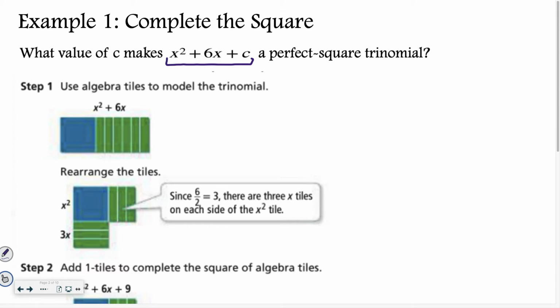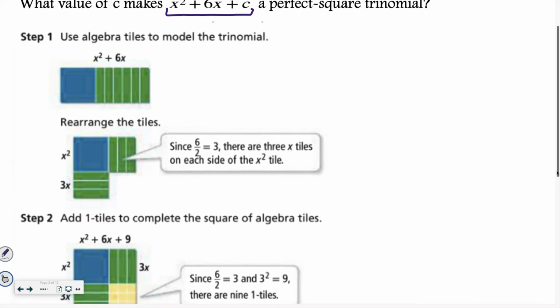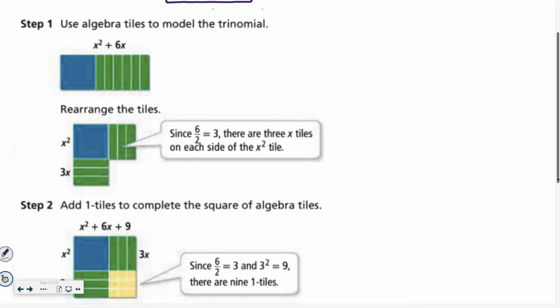Alright, so I have some screenshots from the book because that will allow us to visualize this. So we started with x squared plus 6x plus c. We want to figure out what we have to add to this in order to make this a square.